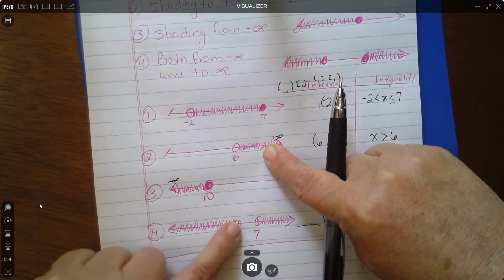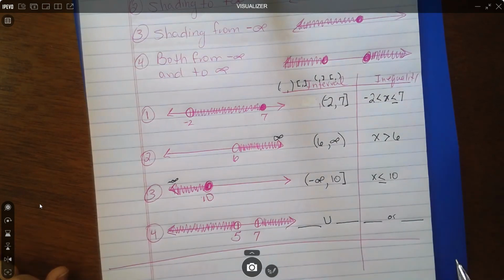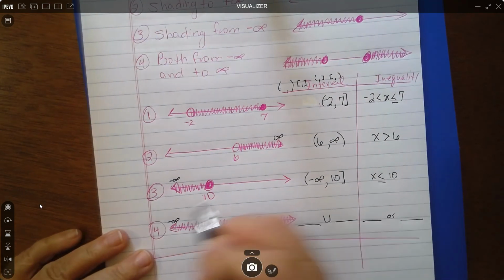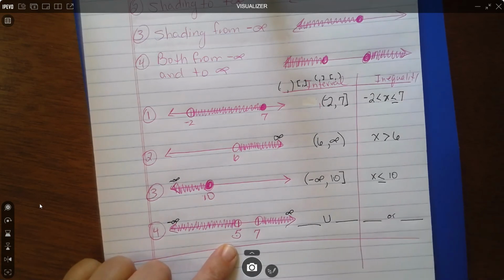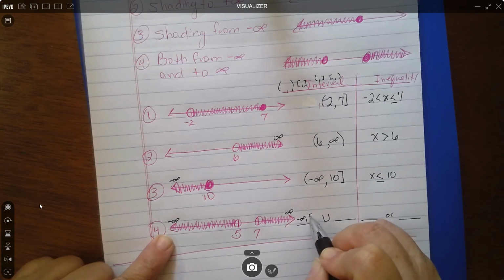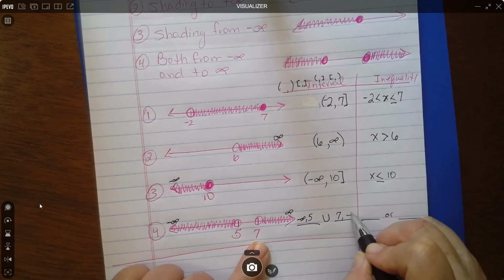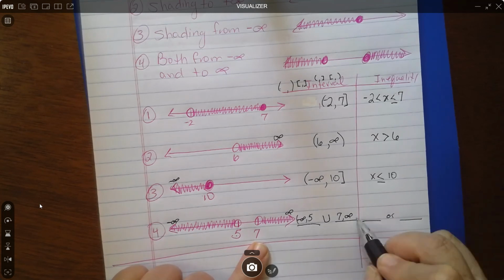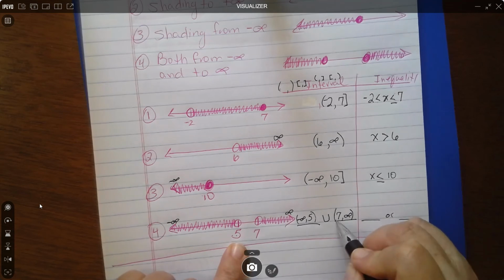This side is just like this side. So this is negative infinity to 5, and then 7 to positive infinity. The first one is negative infinity, comma, 5. And then this one is 7, comma, positive infinity. Infinities always get parentheses. These are both open, so they're both going to get parentheses.